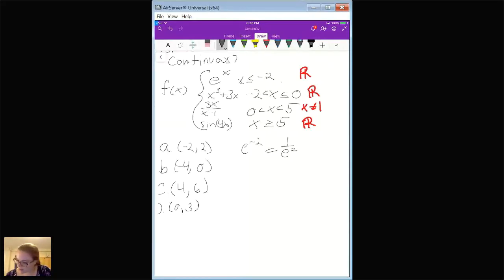And then here we get -2 cubed plus 3 times -2. Now, without even completing 1 over e to the -2 and seeing what that is, is there a way we can tell if these functions are going to be equal at this point? Is 1 over e squared ever going to be -14?